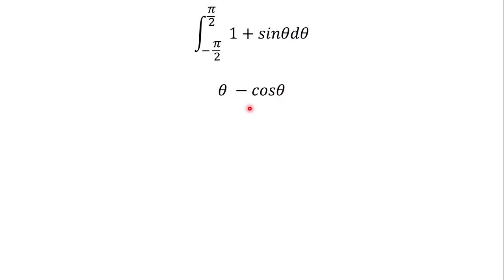Okay, so the answer to the integral question that we are working on is theta minus cos theta, in the theta world. But don't worry, when we are done with this, I will also take my time and take this answer back to the x world and show you how the calculation in the x world is also done.